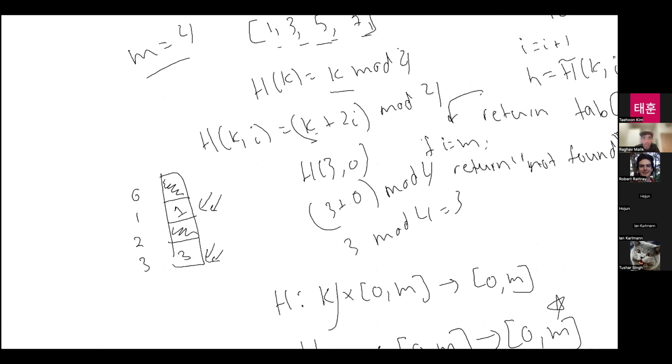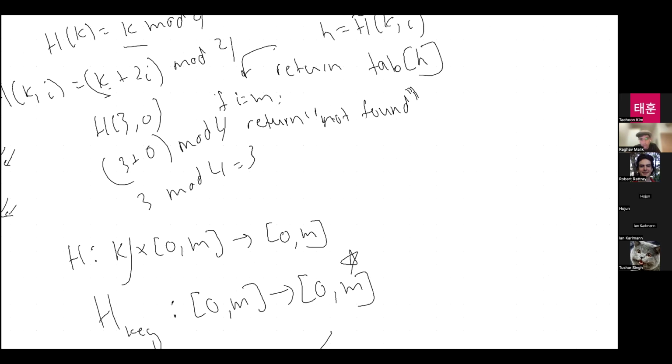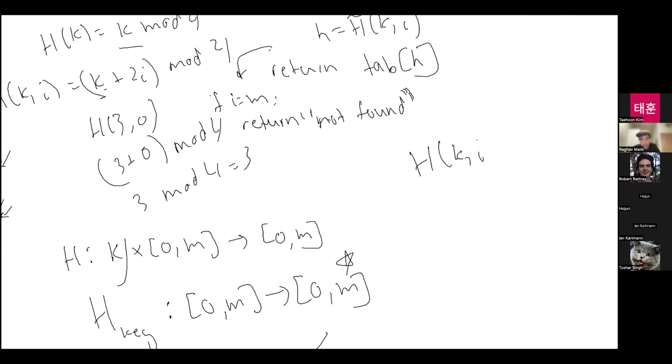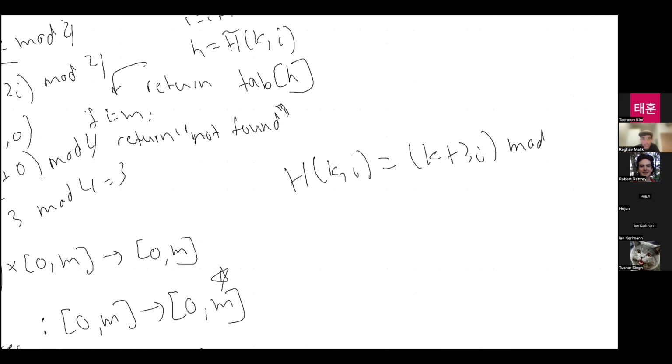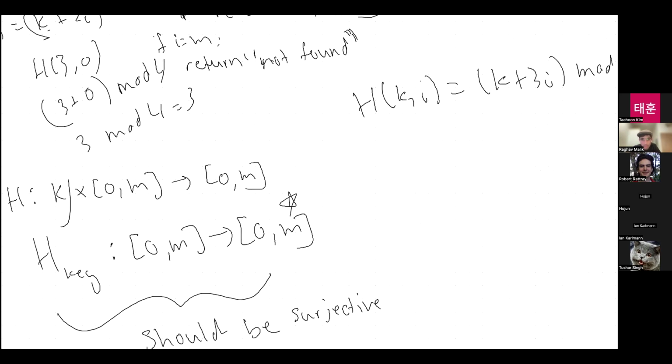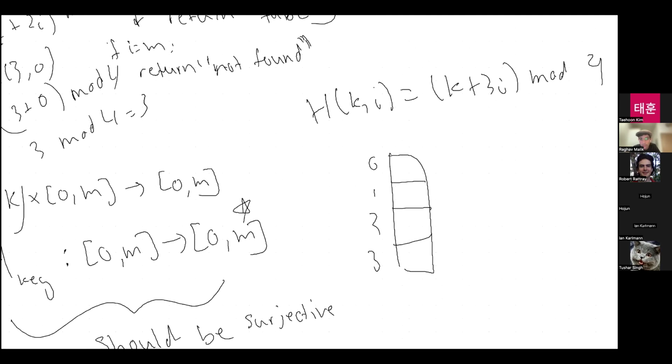So a better probe sequence here would be something like h of k comma i equals, let's say, k plus 3i mod 4, right? Now, if I insert 1, it goes into 1, right? If I insert 3, it goes into 3. If I try to insert 5, what happens?